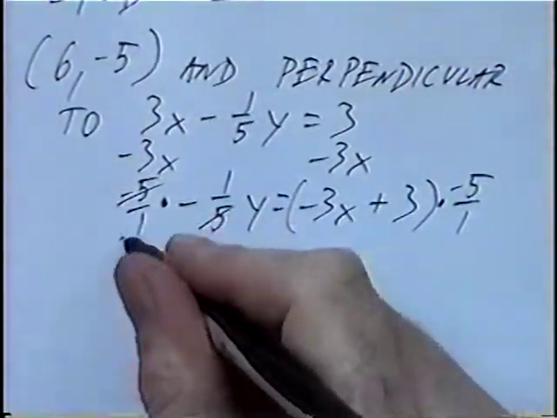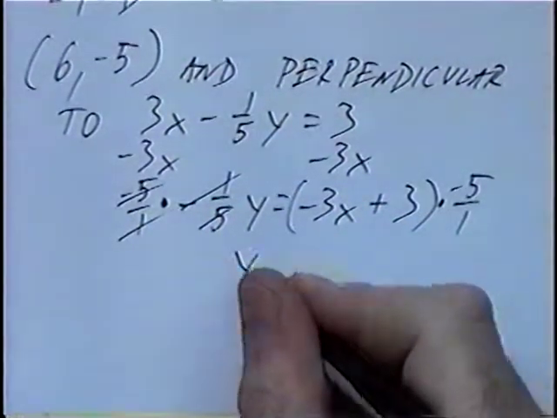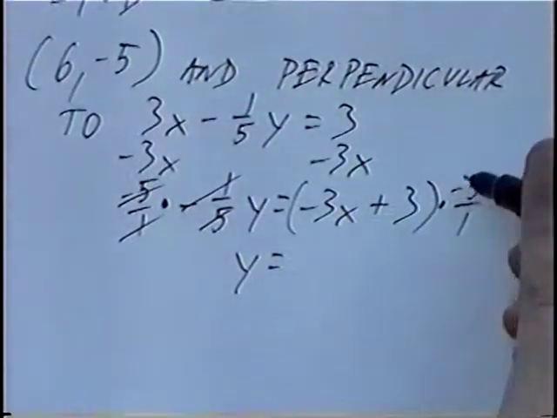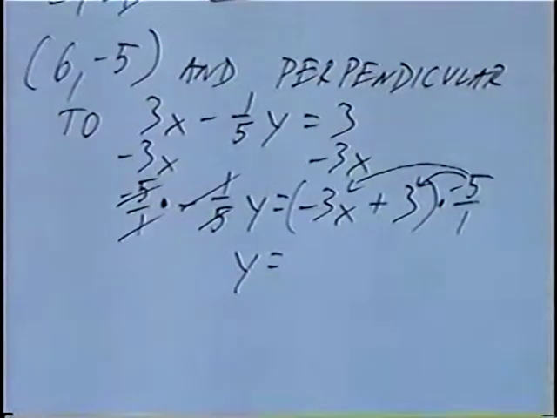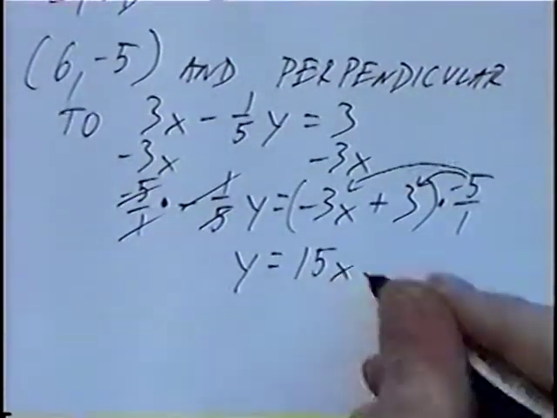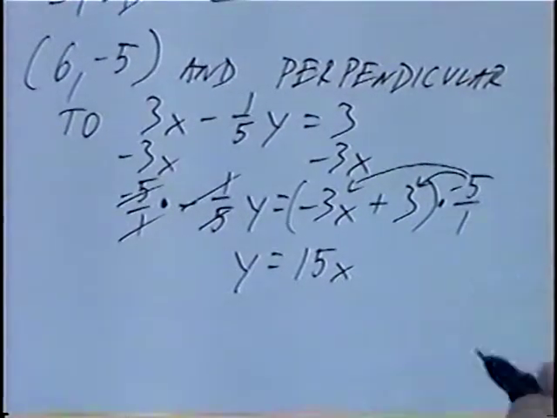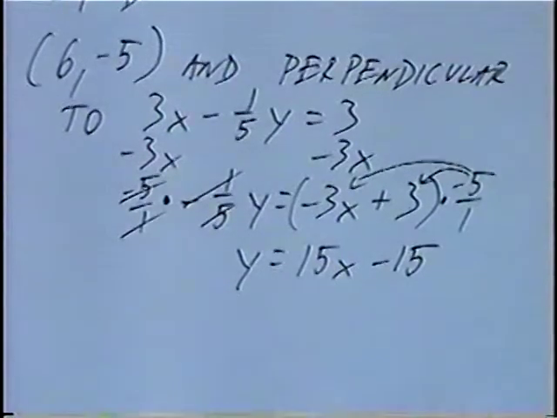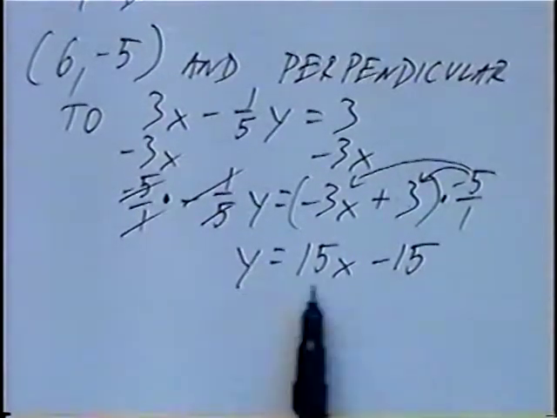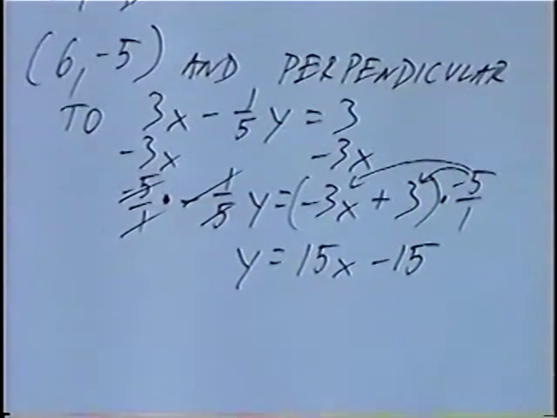The reciprocals cancel out, so y equals, distribute the -5, -5 times -3 would be 15x, and -5 times a positive 3 would be -15. So the equation given in the problem in slope-intercept form is y equals 15x minus 15.